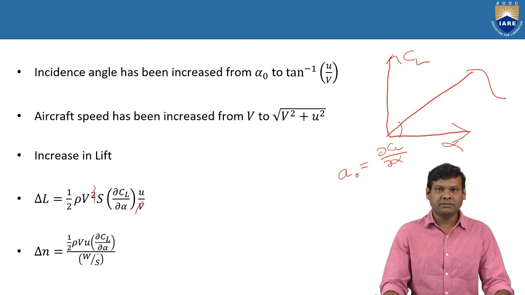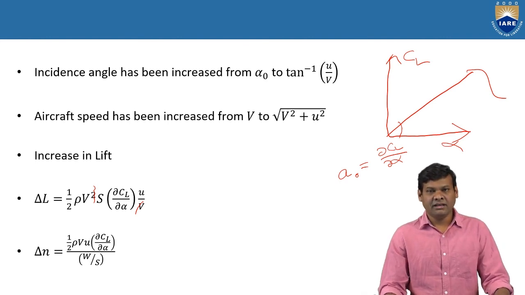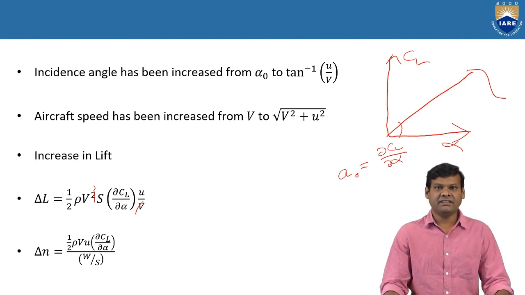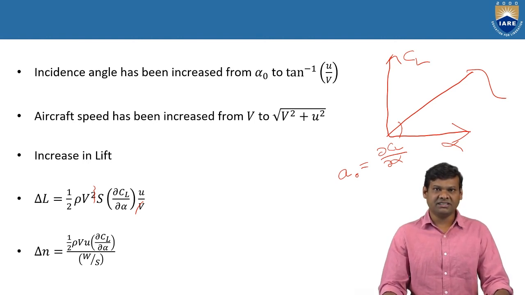If the wing loading is more, then delta N will be less. That is, when the wing loading is more, the angle of incidence change, that is the downwash effect, reduces. But when the flight velocity increases, then delta N will be more.